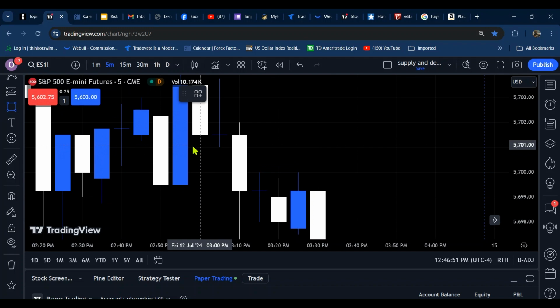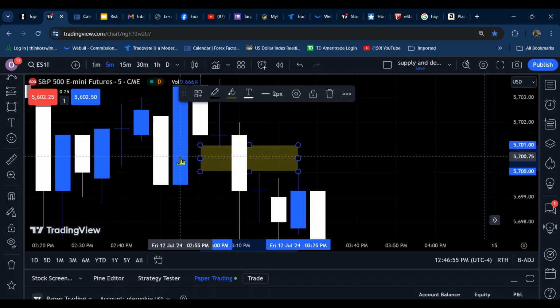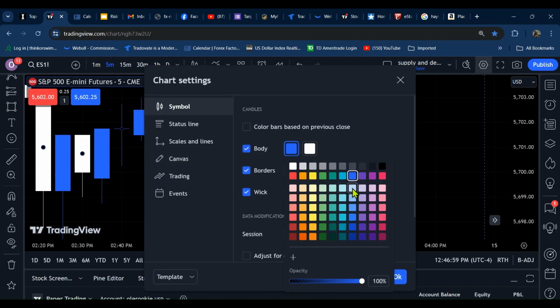I'm wondering if I change the candle color, if it would be easier to see. Let's try it. I'll make them a lighter blue. That's almost the same color as the, yeah, there we go.